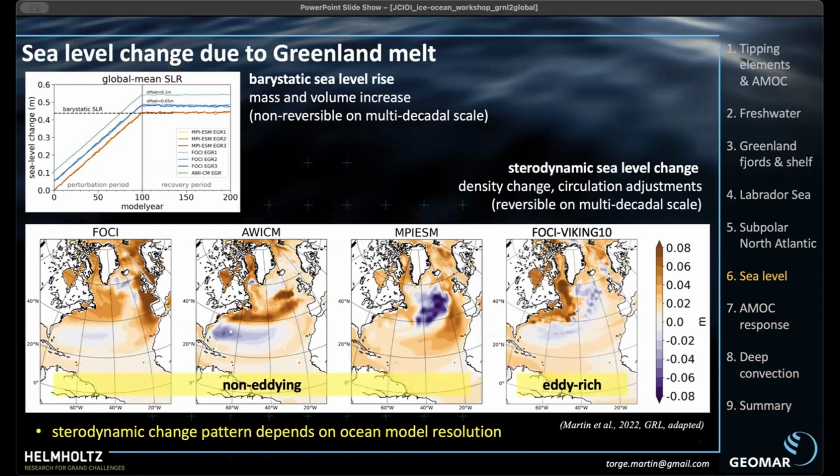From Greenland, as much as I understand, in the first years we will see sea level rise along the coast due to the added mass or volume to the ocean and also circulation change. But then the solid Earth will start to lift due to the reduced mass of the ice sheet, and we see sea level decreasing locally around Greenland.